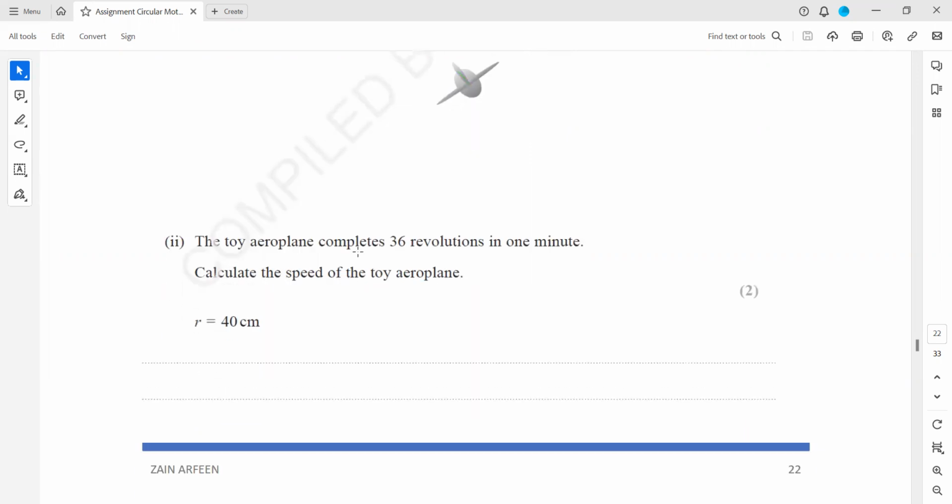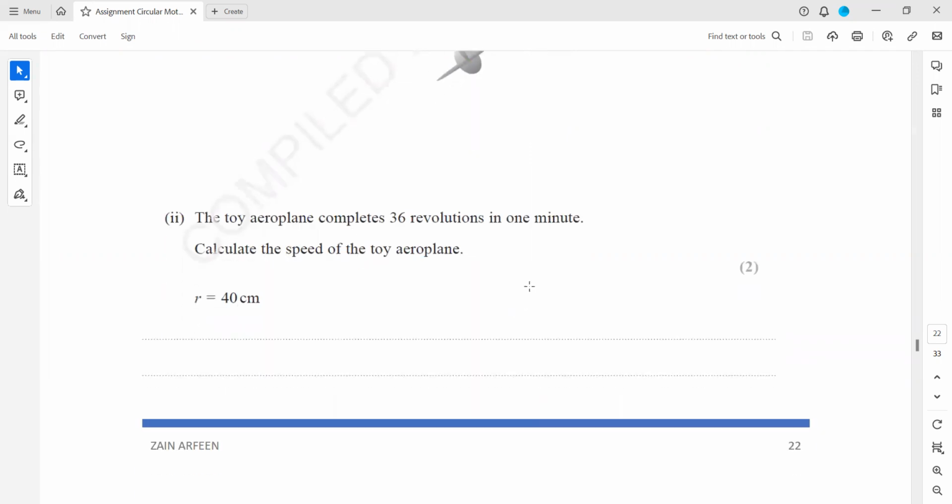The toy airplane completes 36 revolutions in 1 minute. Calculate the speed. If you want to calculate the speed, we have the formula v equals r omega. But this is revolutions per minute, and omega should be radians per second.